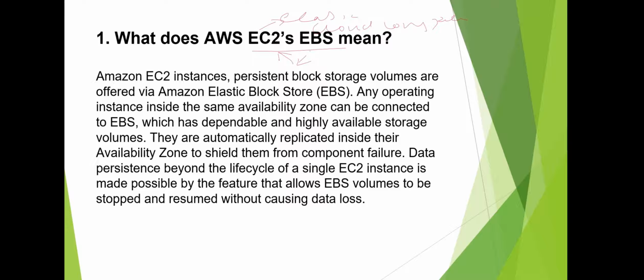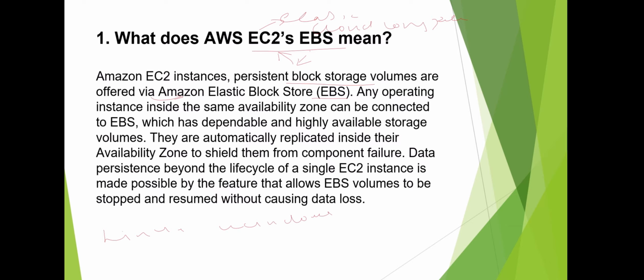Amazon EC2 instances get persistent block storage. Persistent block storage volumes are offered via Amazon Elastic Block Store, that is EBS. So any operating system, whether Linux or Windows.